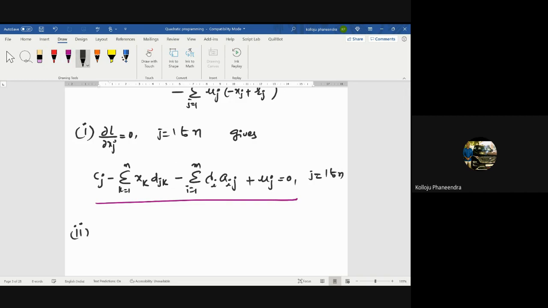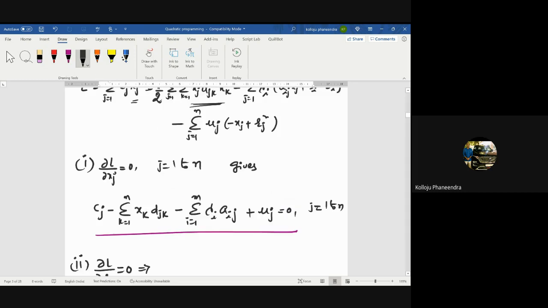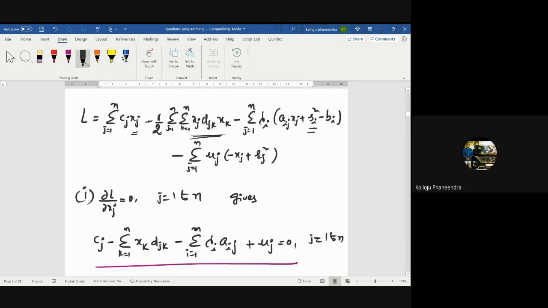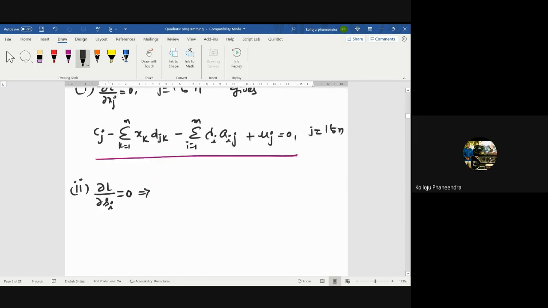Coming to the second condition. What is that? Dou L by dou Si equal to 0. What does this become? Si means where is Si? Here. So what will you get? 2 Si will be the derivative, 2 Si into lambda i will be the derivative.